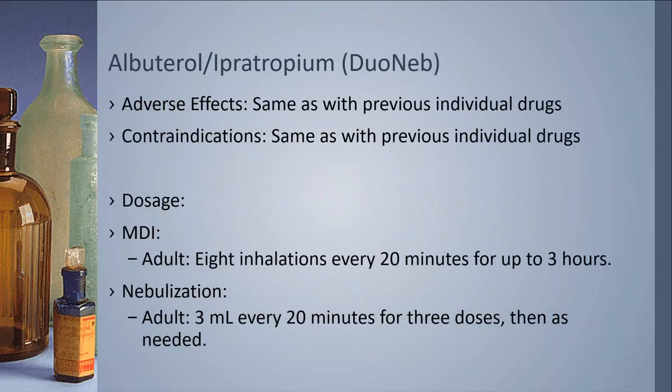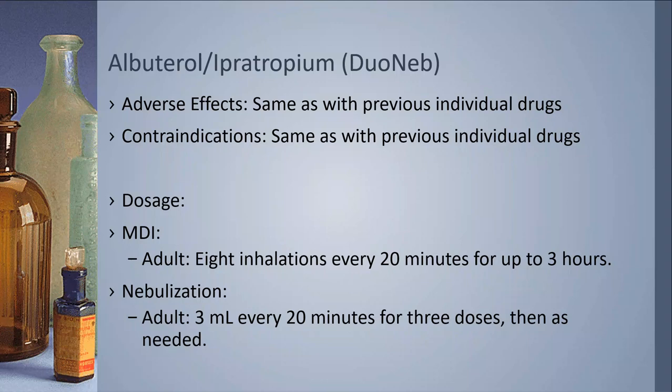Some of those adverse effects, again, are increased heart rate, increased respiratory rate, jitteriness, blood pressure may go up, and the patient may have a headache. If you're going to use an MDI or metered dose inhaler, you're going to give 8 inhalations every 20 minutes for up to 3 hours. That would be if you're with a patient for a long time.